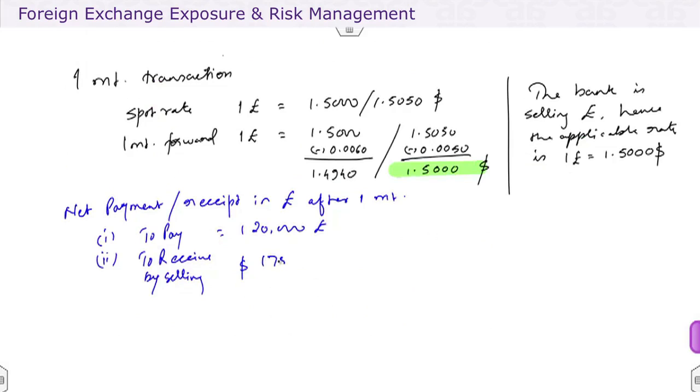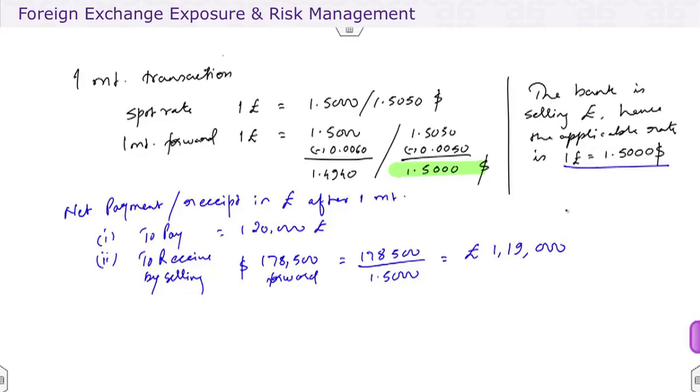So $178,500 forward, that would be 178,500 divided by 1.5000, the rate that is applicable. Since the British pound is a stronger currency than the dollar, we will divide to find the cross rates. So it comes to, in pound terms, 1,19,000 British pounds.